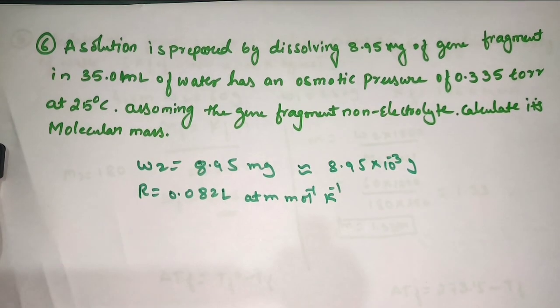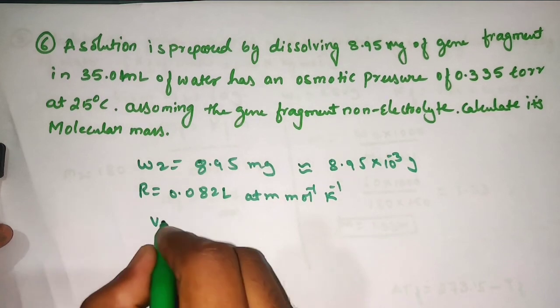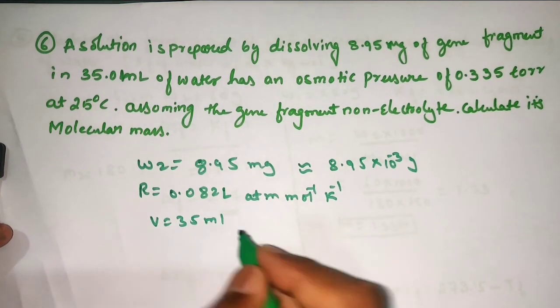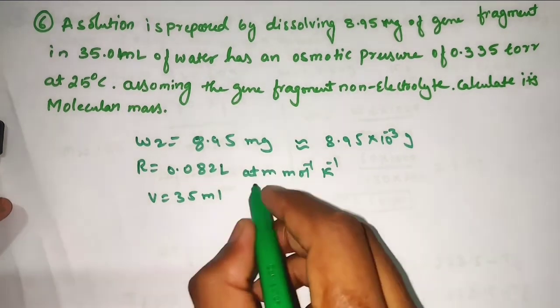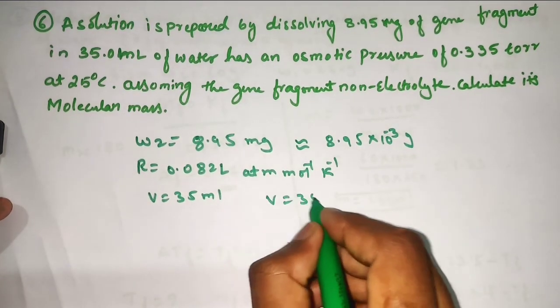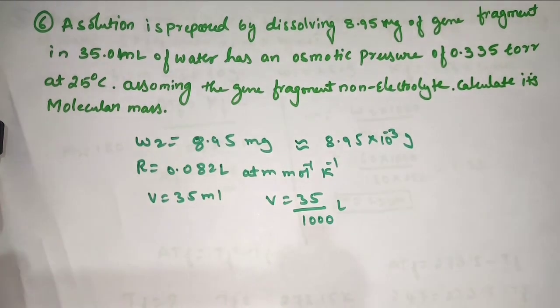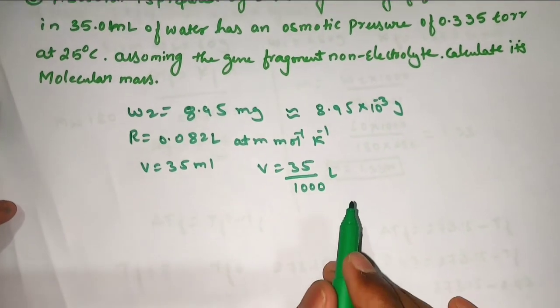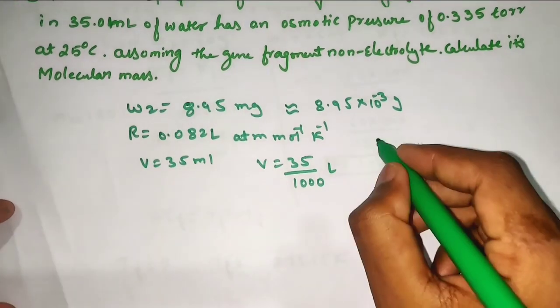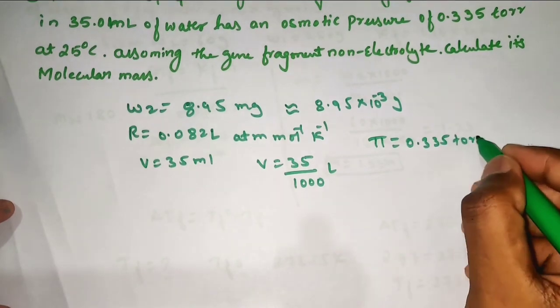Now volume, how much is there? Volume is 35 ml, and for 1 liter, we can write V is equal to 35 upon 1000 liter.